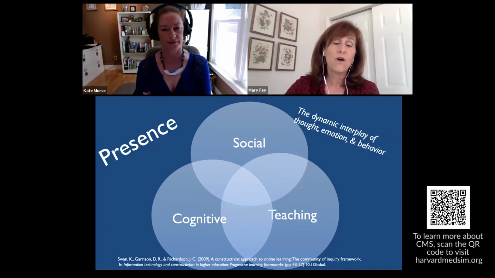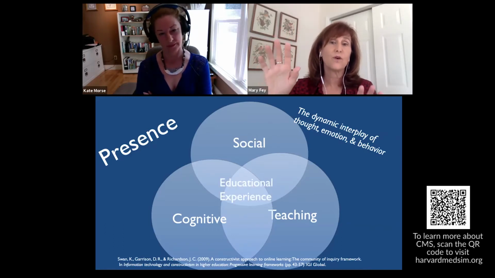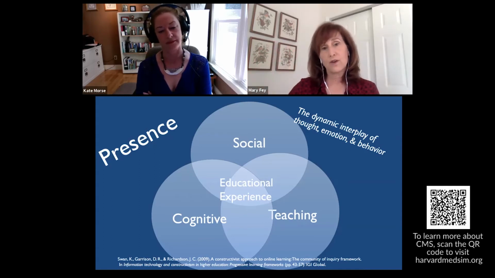We'll look at all of these individually, but all 3 of these types of presence are always there when you're constructing or delivering an online course, but sometimes you titrate them up and down based on what you're trying to accomplish in the moment. So let's take a look at each of these things individually.